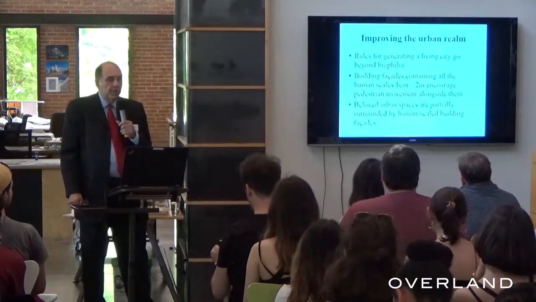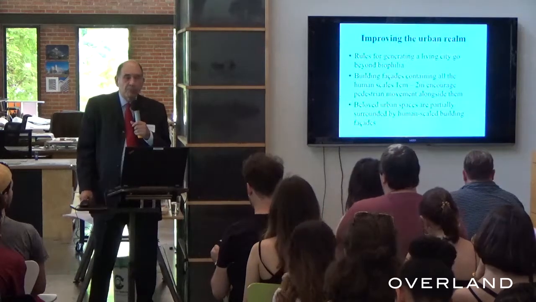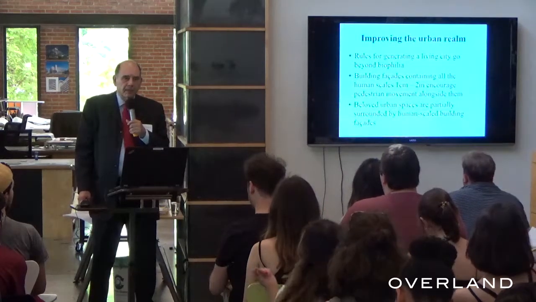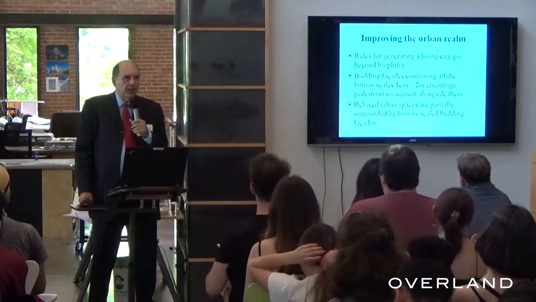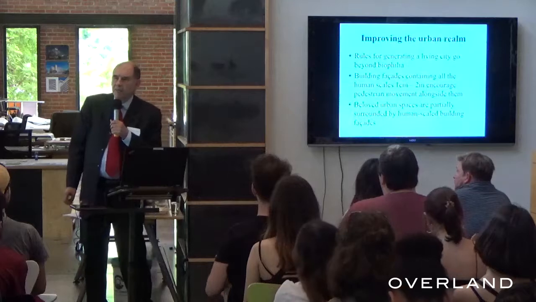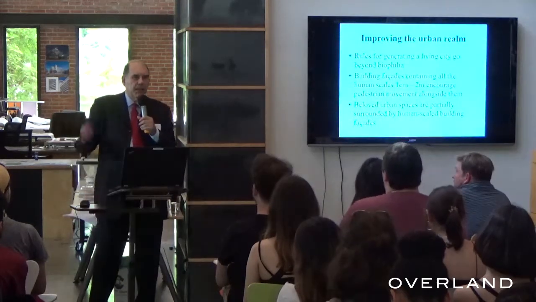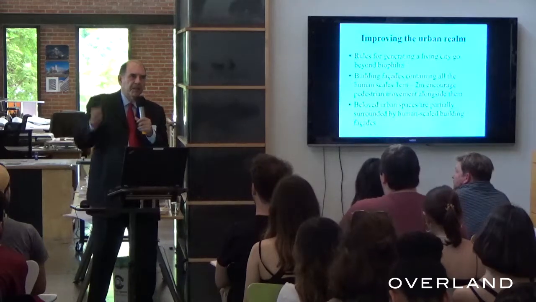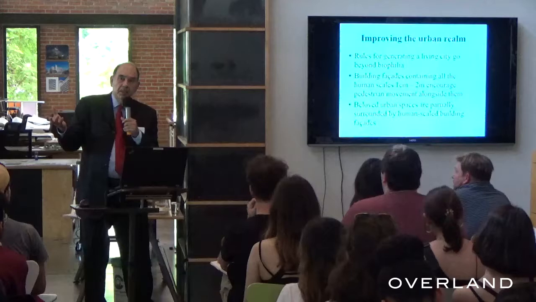How can we improve the urban realm? Well, we need a fractal structure, like a cauliflower. How do we make a city into a cauliflower? We need to take a magnifying glass and magnify each part of the city and find more and more structure that's adapted to the human body.